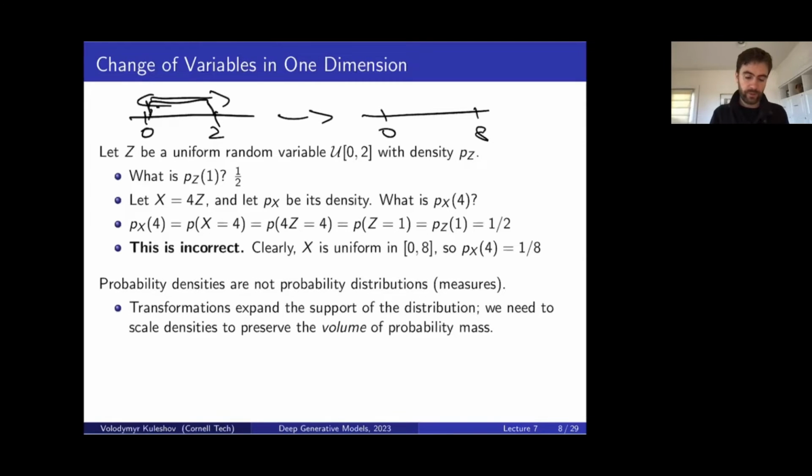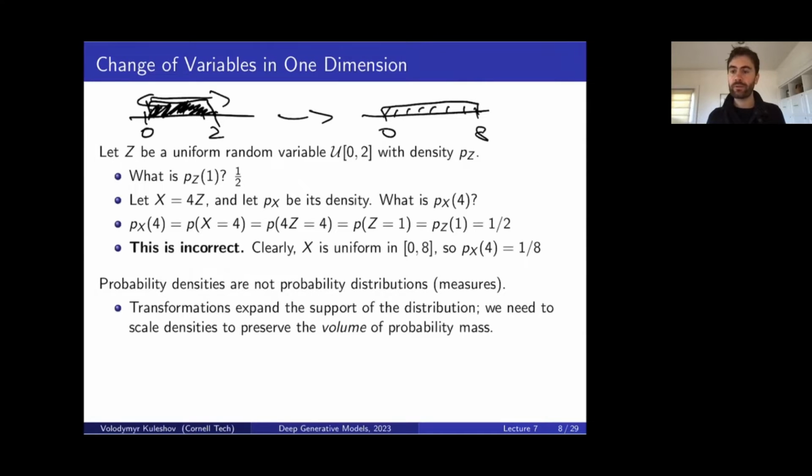Here we had a unit of mass that we have to remap to the other range, and this unit has to be preserved. We only have one unit here in black that we can map to the other interval, and therefore this unit has to be spread more thinly than it is on the left.